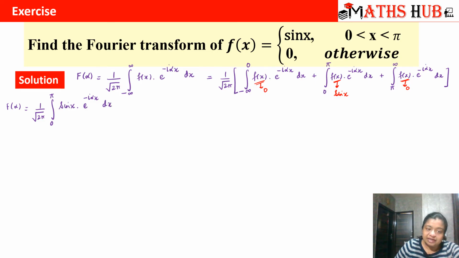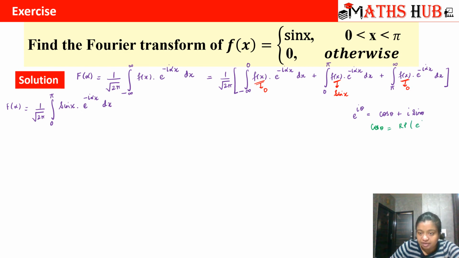Now, what is the easy method to solve an integral which is containing exponential and sine? Since we saw that e raised to power iota theta is cos theta plus iota sin theta, I can always write that cos theta is basically the real part of e to the power iota theta, and sin theta is basically the imaginary part of e to the power iota theta, right?